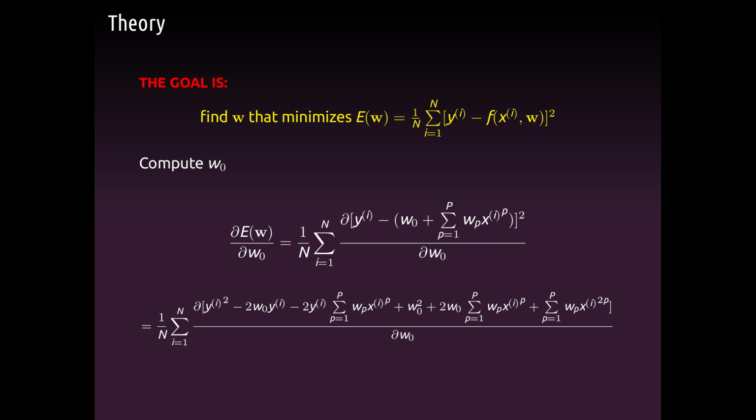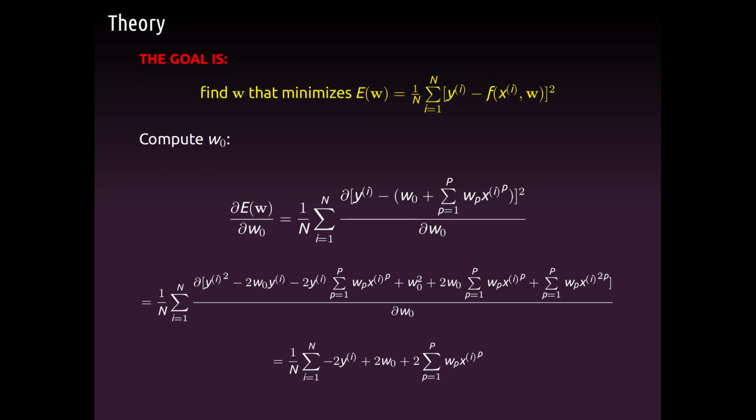After having this expression, we will try to compute the derivative of this function term by term. So when we're differentiating this term with respect to w0, the first term will be deleted. The second term will equal minus 2 y super i here.